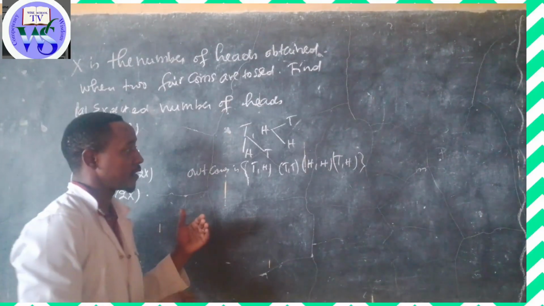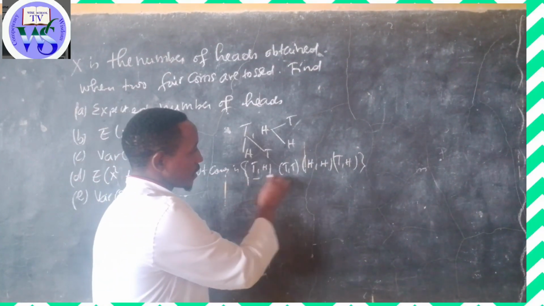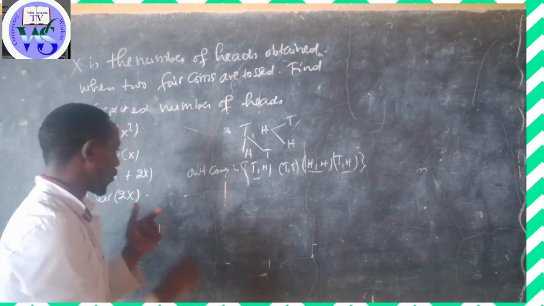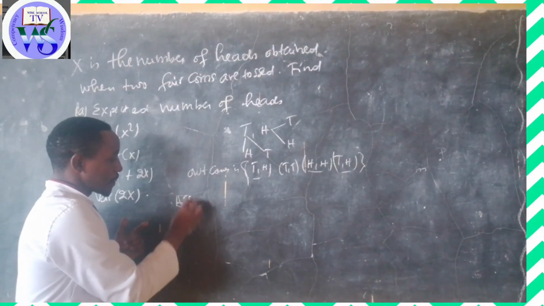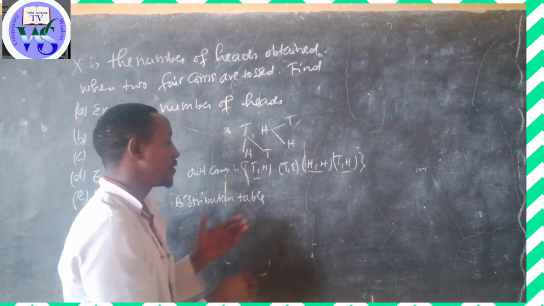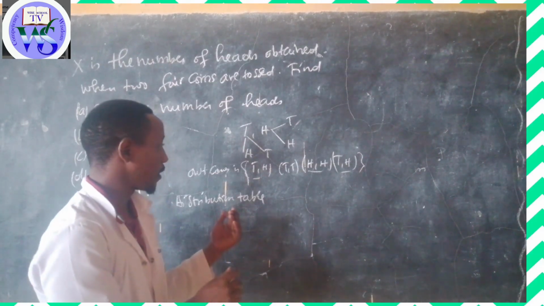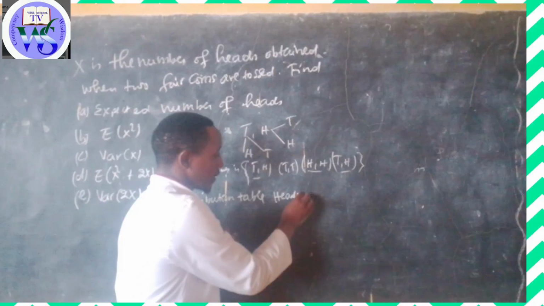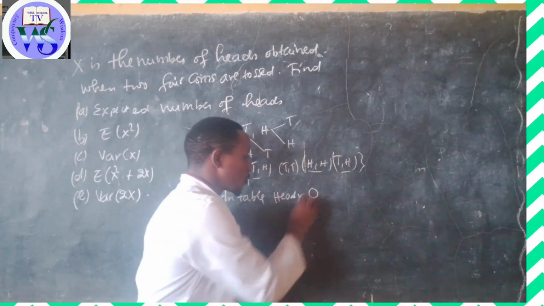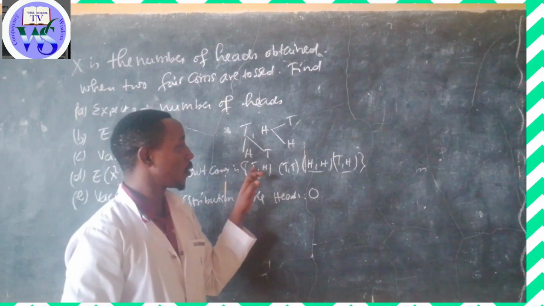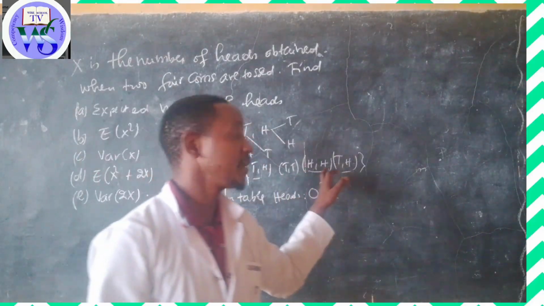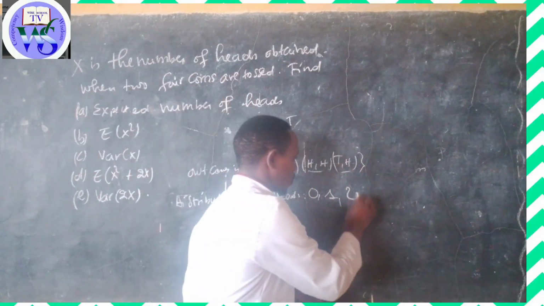We obtain the distribution table for X. When we obtain no head, X is equal to 0. We can obtain head-tail or tail-head, for which we get 1. Also, we can obtain two heads, for which X is equal to 2.